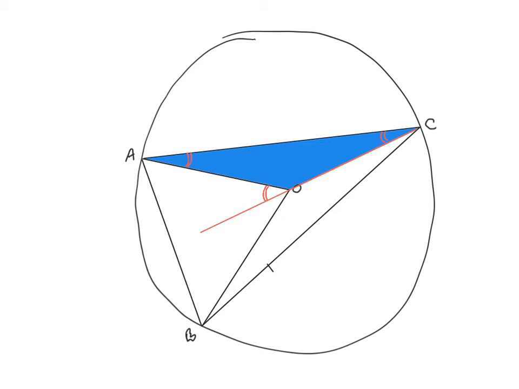I should really mark it with 3 lines. And if we look at this triangle here, and we mark something in blue, this angle is the exterior angle, and this is going to be this plus this.